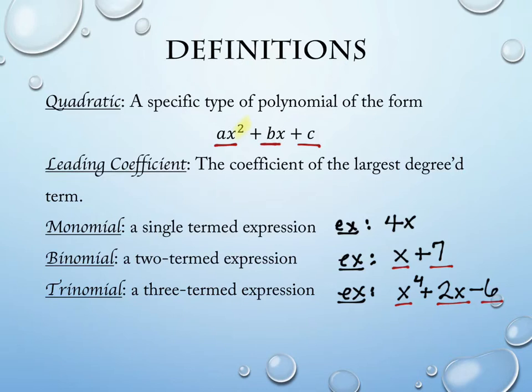Kind of like when you do triangles too, right? We can classify them by the side lengths, or we can classify them by the angle measures, or by how they're related to one another. It's like that. So the polynomial at the top, that quadratic, is a trinomial, but specifically it's quadratic. The one that I listed on the bottom here is also a trinomial, but it's not quadratic because it has a power 4. Okay?